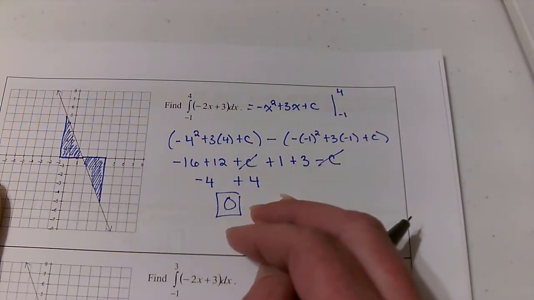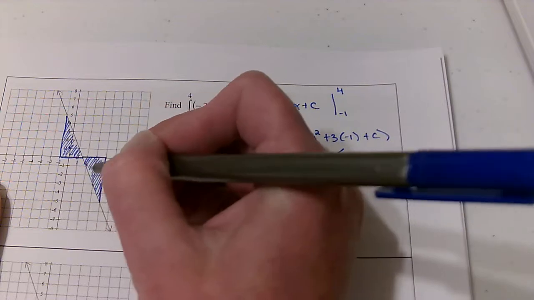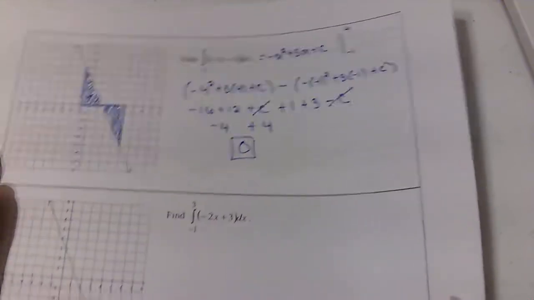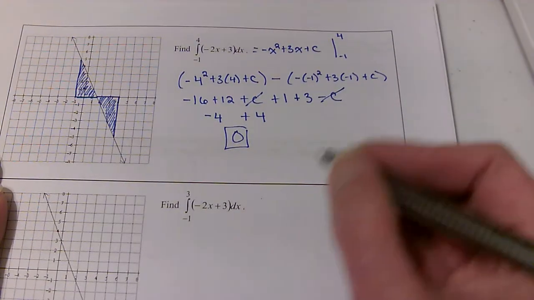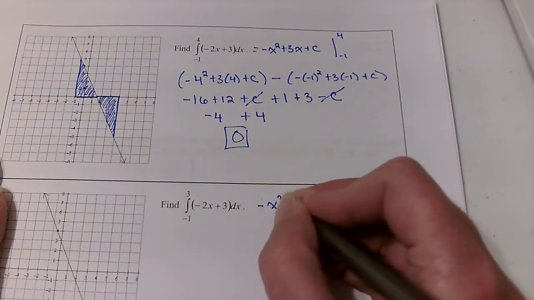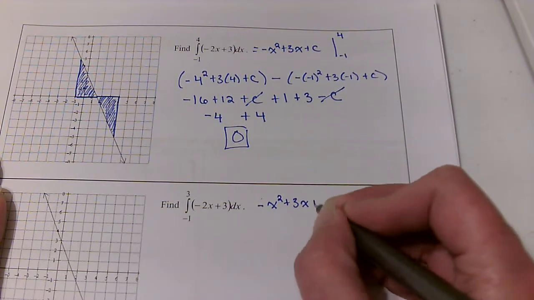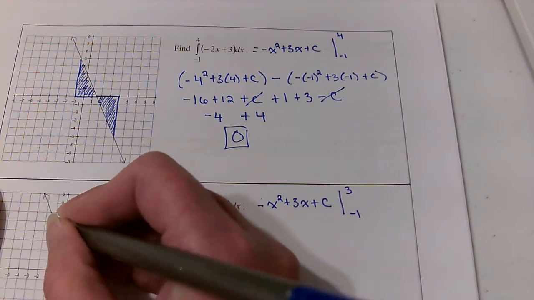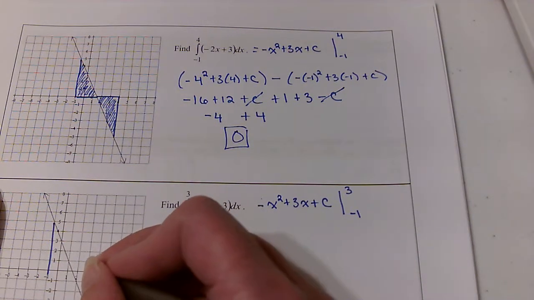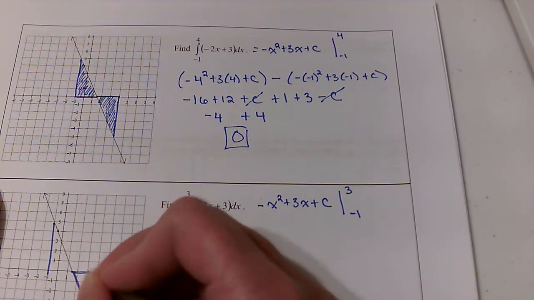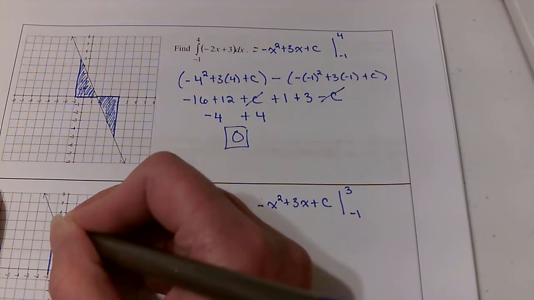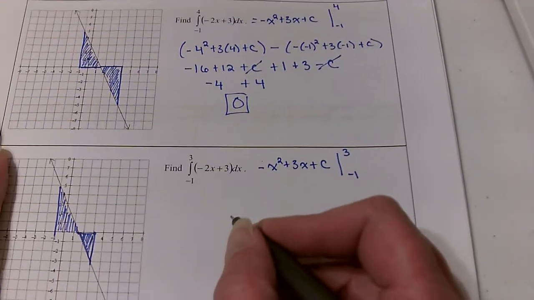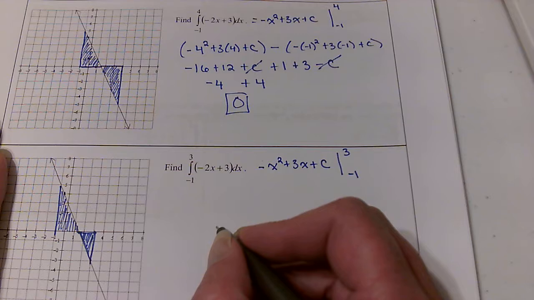So notice when I evaluate the definite integral, I get a 0, and this area should cancel out with that area. So it works. And those C's are always canceling out every single time. This time from negative 1 to 3. So we're finding this area. Do you think it's going to be a positive or negative area?